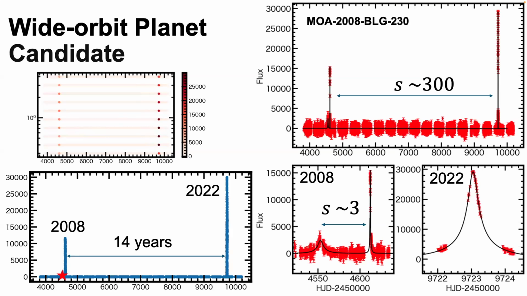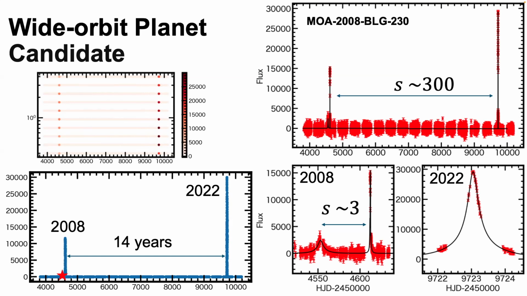Very interesting. I don't actually know who's next. Okay, I have a question about this event too. Did you check whether this is the same source star, or perhaps there are two or more source stars blended, and you observe microlensing events on different source stars that are blended?